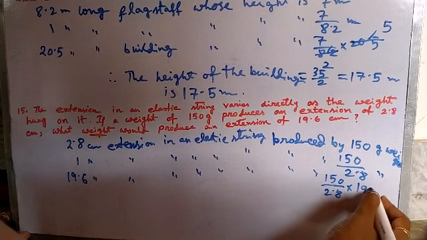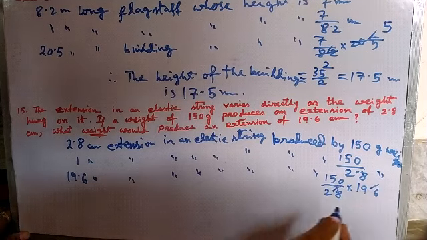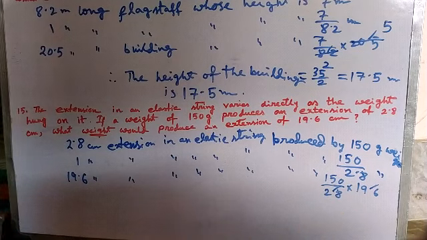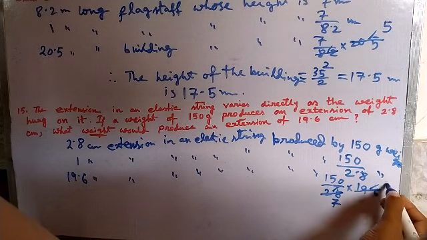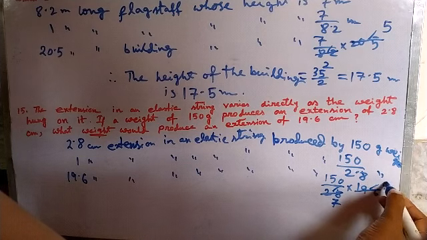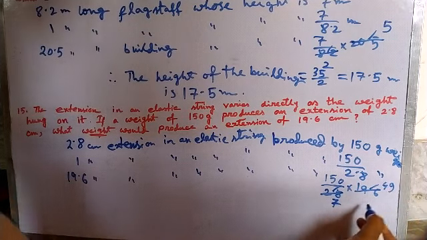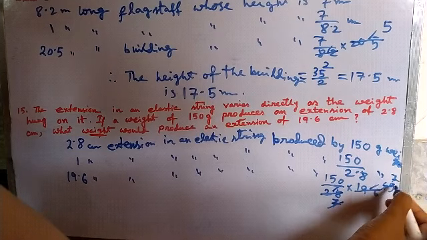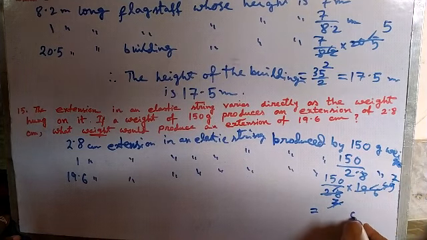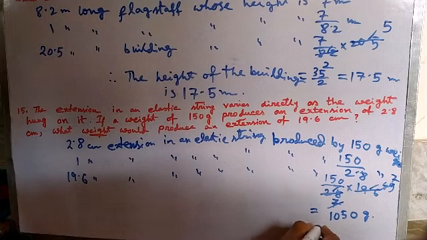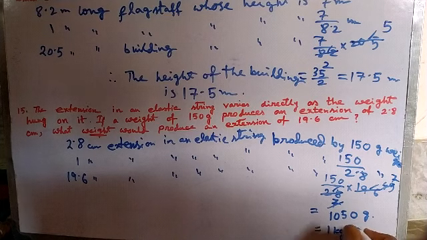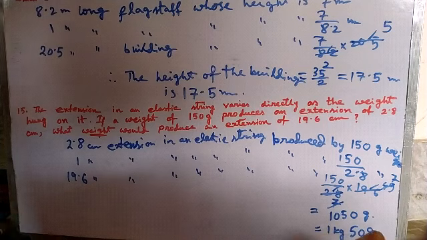Multiply 19.6, then this point can be removed, then this can be cut by 4, 4 7s are 28, 4 4s are 16, 4 9s are 36, then by 7 it can be cut, 7 7s are 49, so 700, 7 15s are 105, that is gram. So it can be converted into kg and gram, 1 kg and then 50 gram.